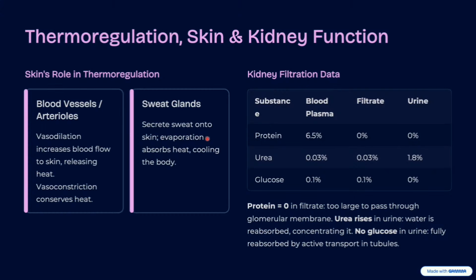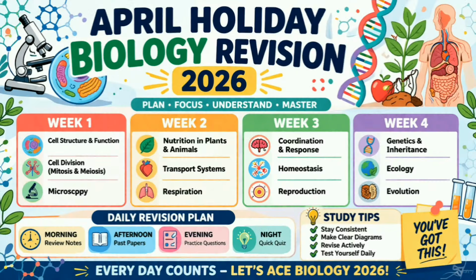The water in the sweat will evaporate, therefore absorbing latent heat of vaporization and then cooling the body. Let me give you just a sec of like 1 minute if I'm too fast so that you are able to write. 1, vasodilation increases the flow of the blood to the skin, releasing heat.